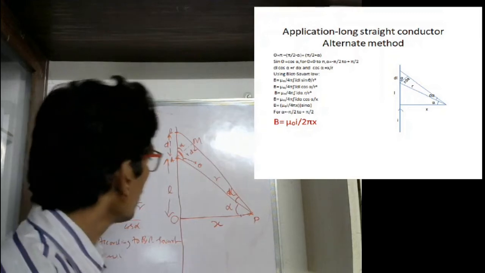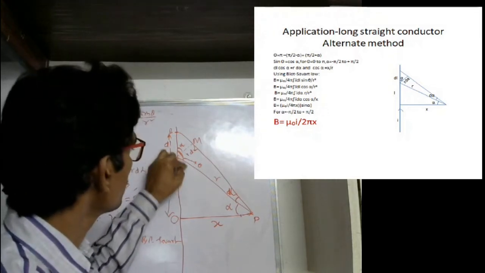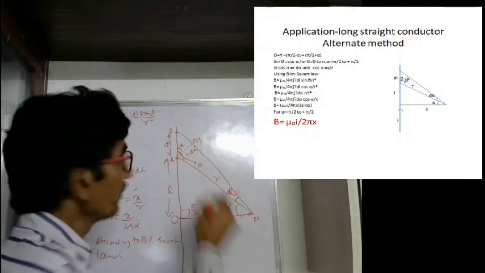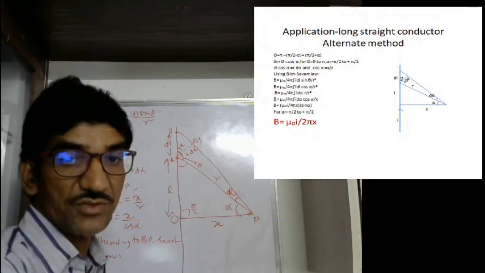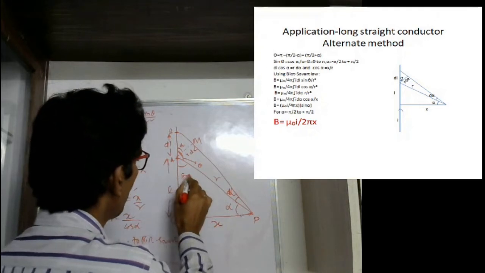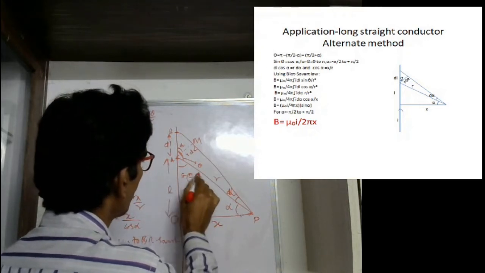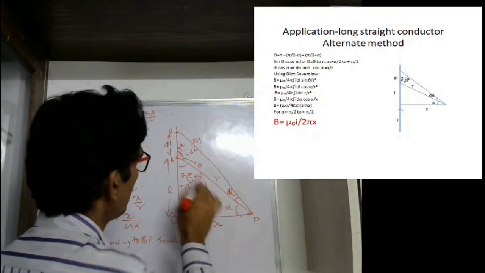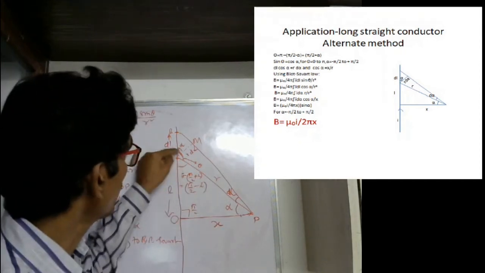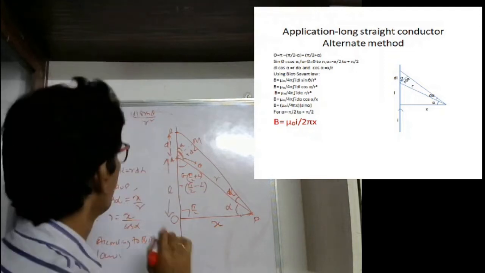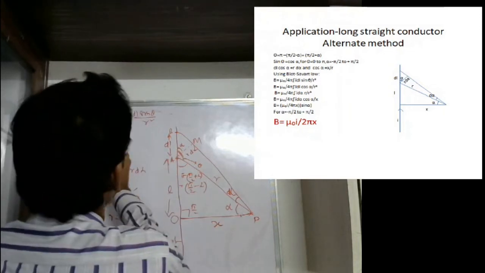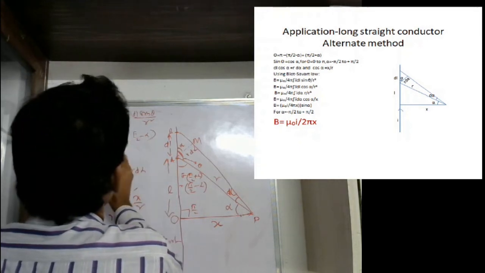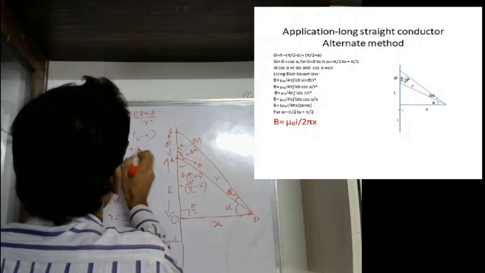Now, what about this theta? This angle is pi by 2 minus alpha, and theta is 180 minus this, so theta is equal to pi minus (pi by 2 minus alpha), which is pi by 2 plus alpha.